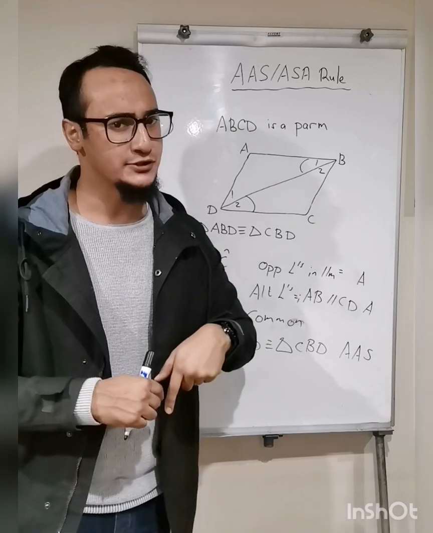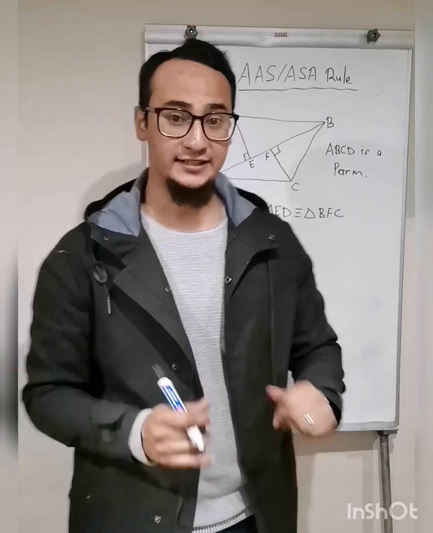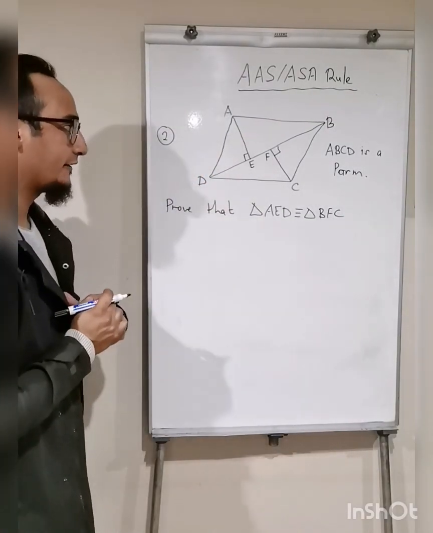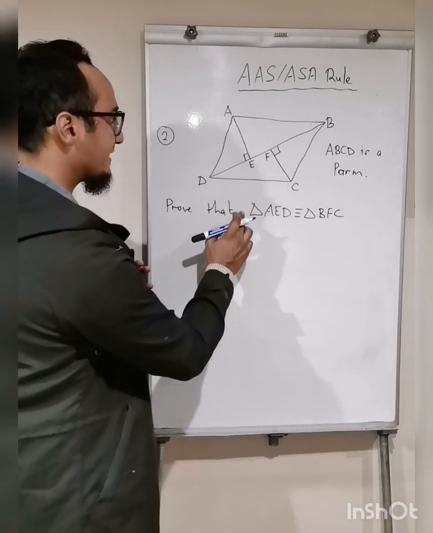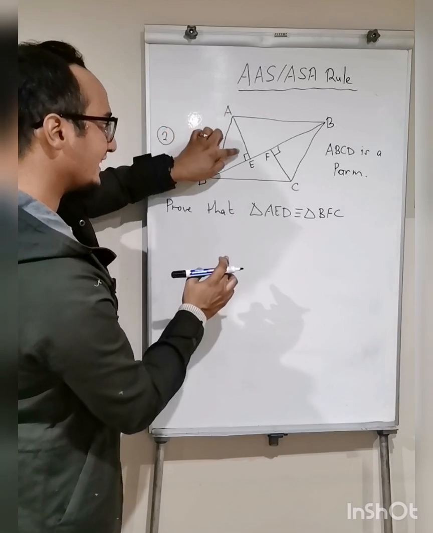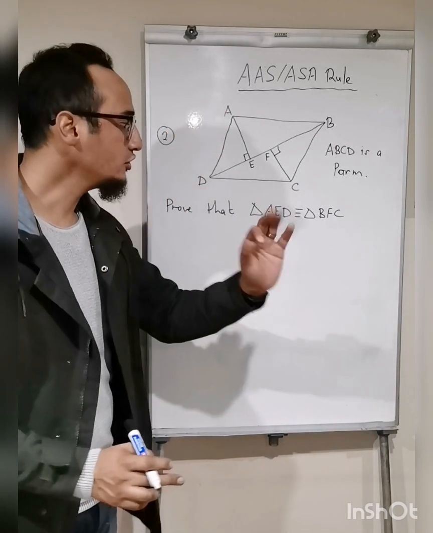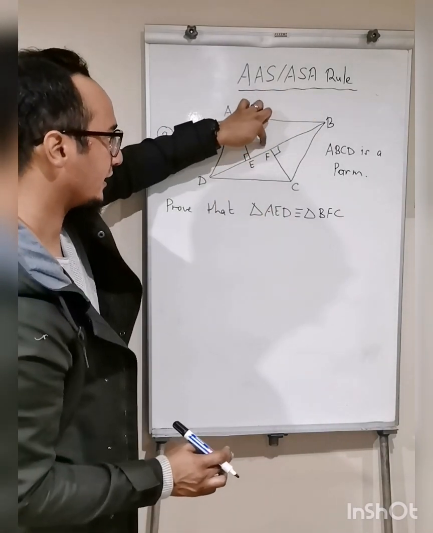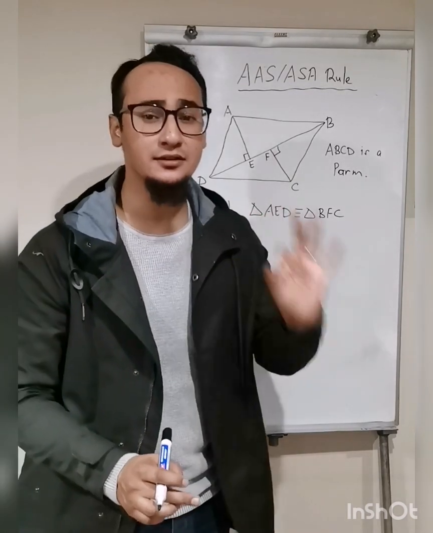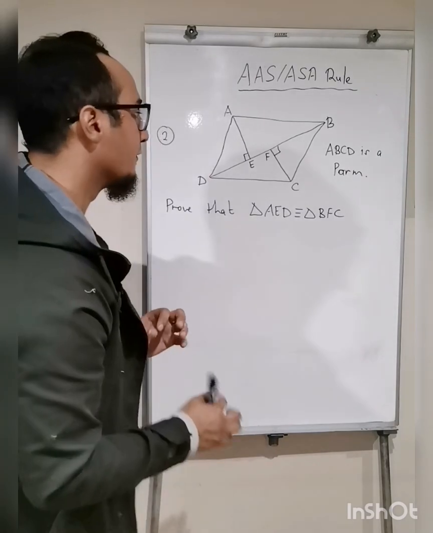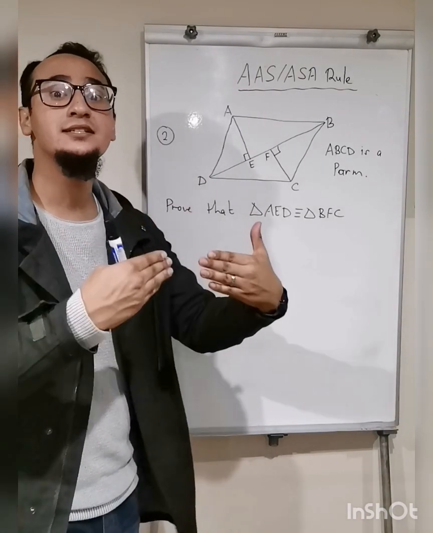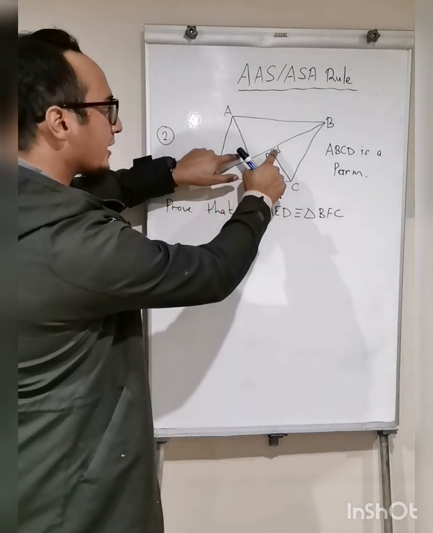Right, let's move on to example number 2. Okay learners, so in this example we have another parallelogram, a little bit more complicated. It says prove that triangle AED is congruent to triangle BFC. And remember, we still need to keep in mind the properties of a parallelogram. Right, first look at what is the easiest thing to see. I see those two angles over there.